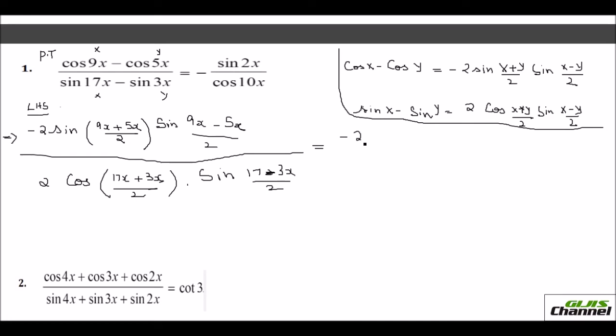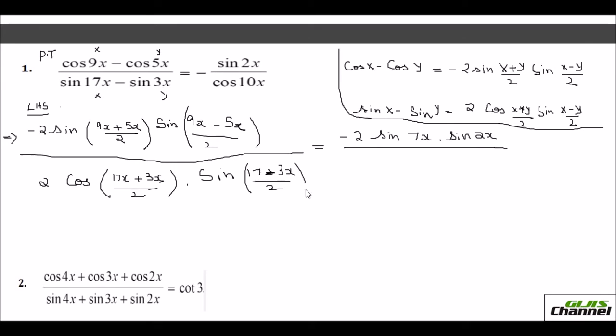So that would be negative 2 sine of 9x plus 5x, which is 14x divided by 2 is 7x, right? So this would be sine 7x times, here it is 9x minus 5x, so that's 4x divided by 2, 2x. So this is sine 2x. Got it? Just solve it, normal addition and division.